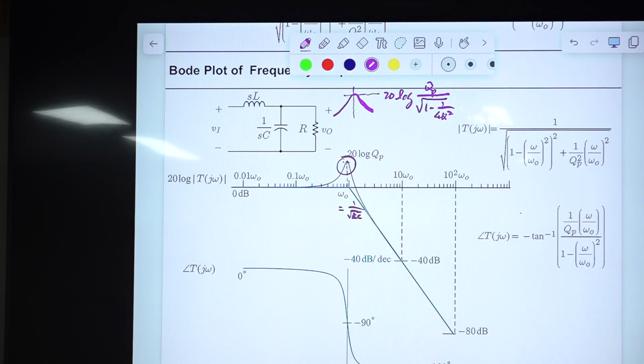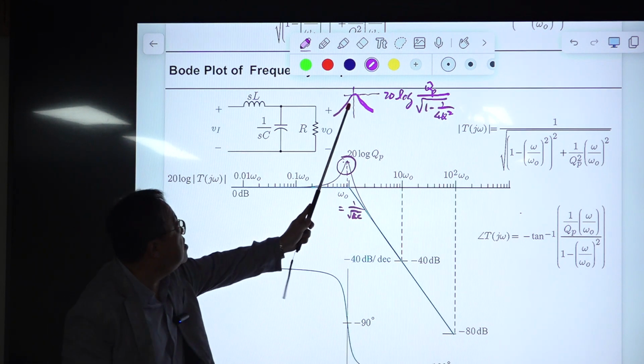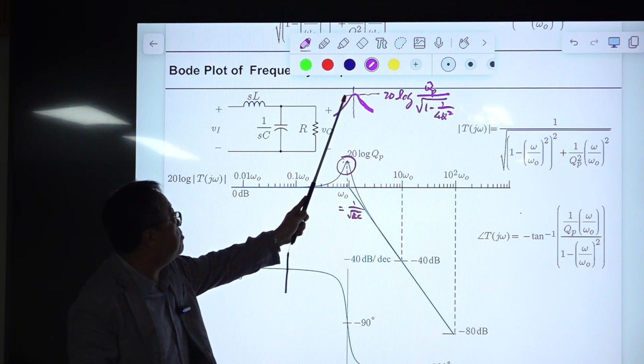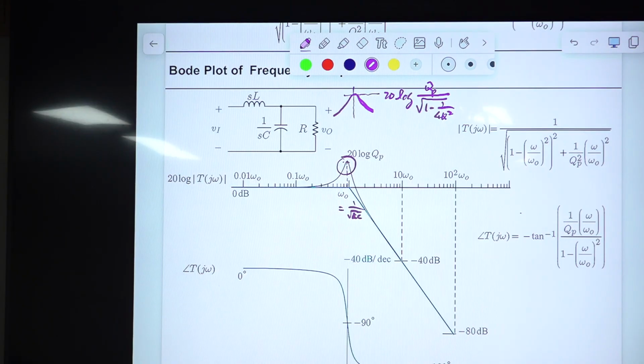And this omega naught is here, but the frequency which attains the peak value of this magnitude, maybe we call it omega R. Omega R is given by omega naught, the double pole frequency, times a factor like this, 1 minus 2Q squared in the denominator and 1 in the numerator. So this is the exact one.